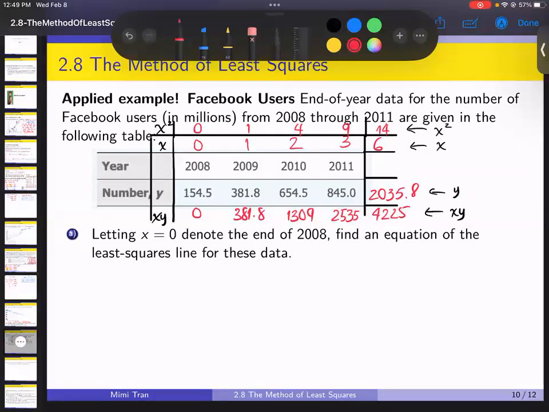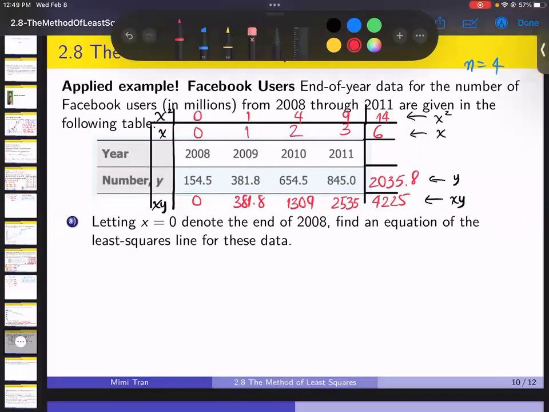Someone come up with a system of equations for me. How many n here? 4, right? So n is 4. I forgot that you don't have the formula, I'll do it with you. 4b plus the sum of x times m, so that'll be 6m, equal the sum of y, which is 2035.8. Sorry about that.